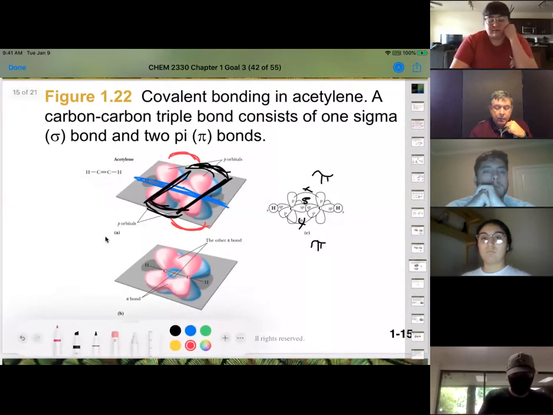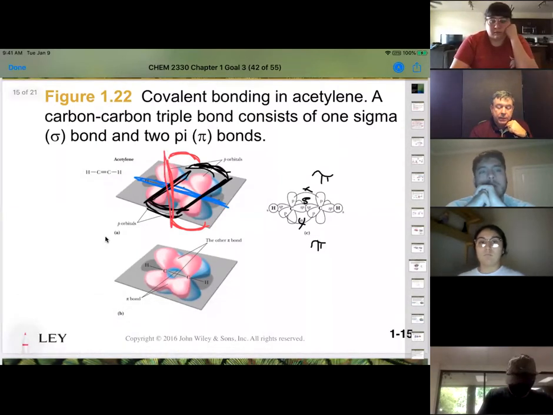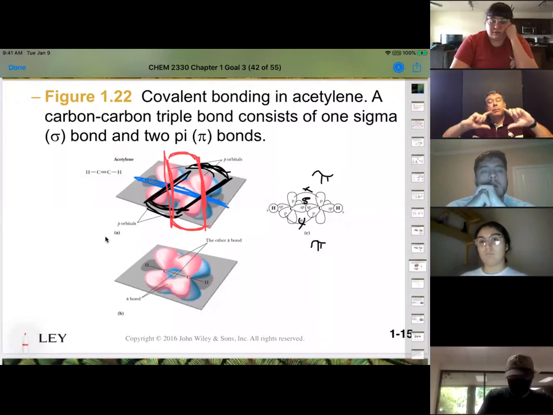And the ones that are sticking above and below the plane form our second pi bond. So when we have a triple bond, we have one sigma bond, one pi bond created by two p orbitals in one plane, and one pi bond in the other plane. So we have X, Y, and Z all taken care of in our triple bond.